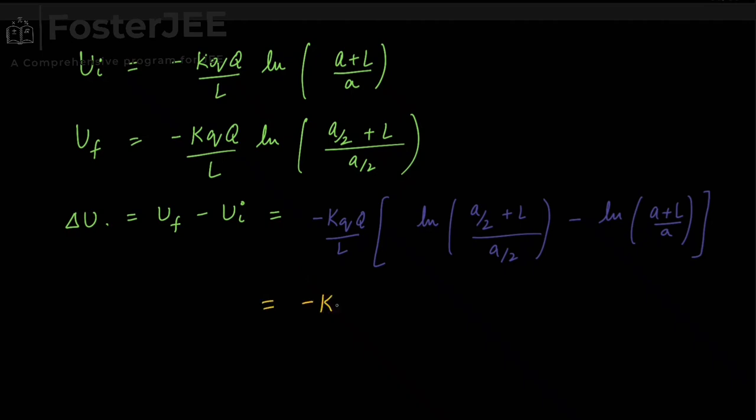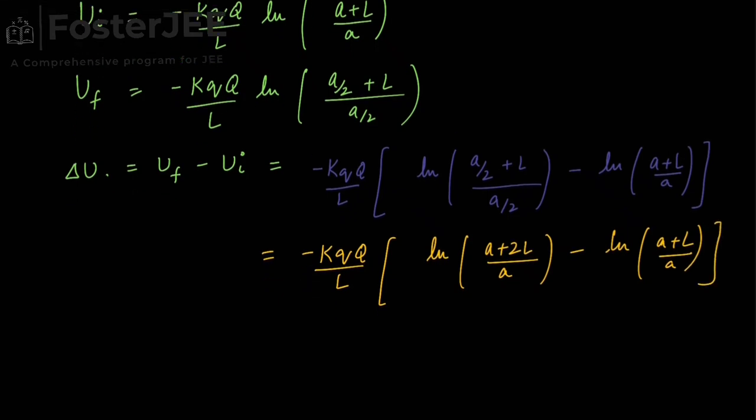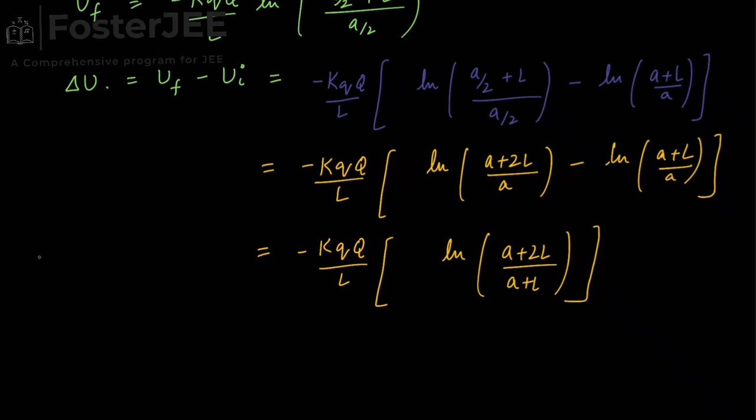This is equal to minus kqQ upon L, and this becomes ln a plus 2L upon a minus ln a plus L upon a. So this becomes kqQ upon L, and this becomes ln a plus 2L upon a plus L, because log a minus log b is log a by b.